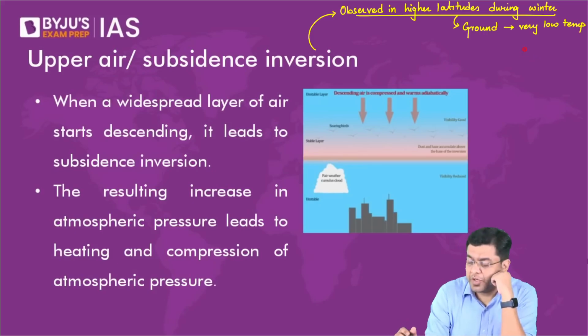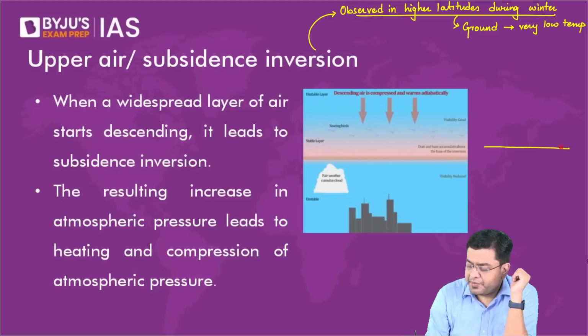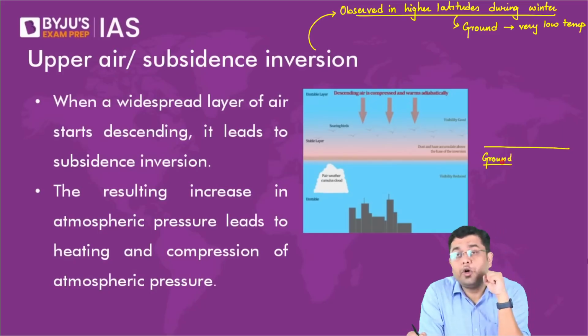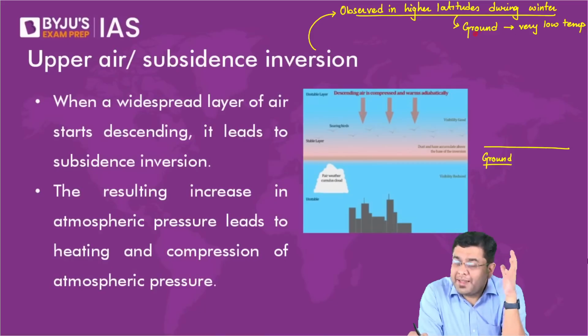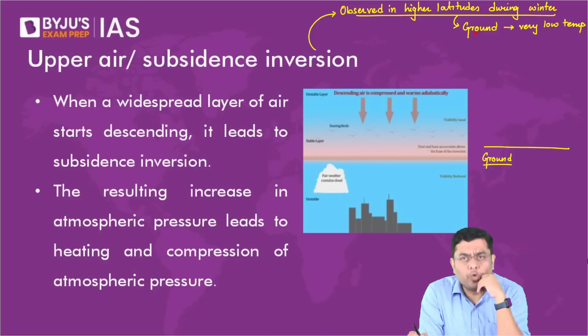Now, why does this inversion happen? Let's suppose this is the ground surface. Sometimes from the upper region of the troposphere, when the air becomes very cold, it will start to sink. Air, when it becomes very cold, becomes heavier and then it will start to sink, right?